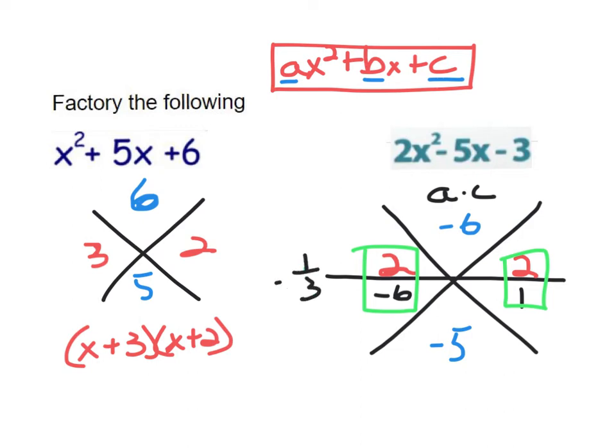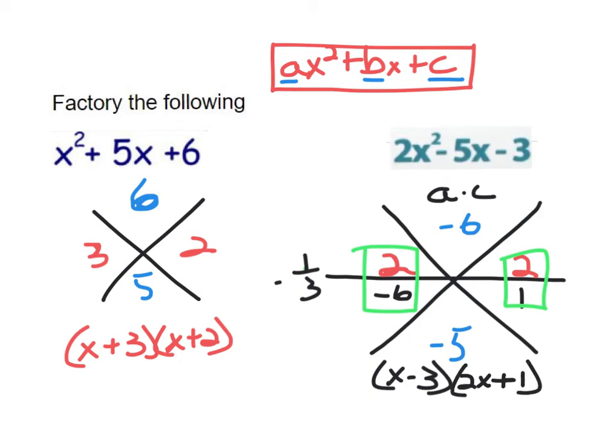Of course, that was negative. So then this answer would be the 1x minus 3, and then 2x plus 1.